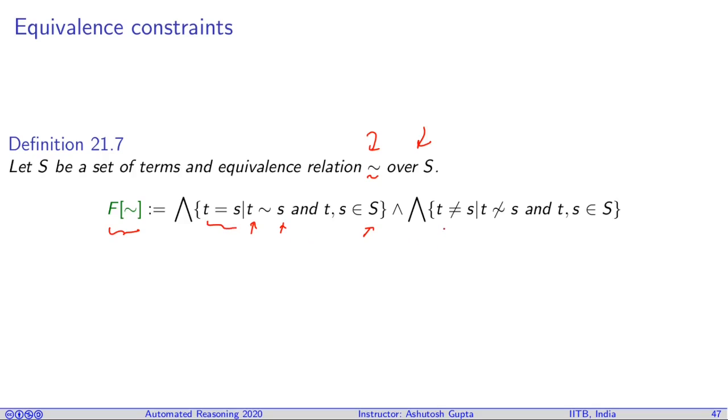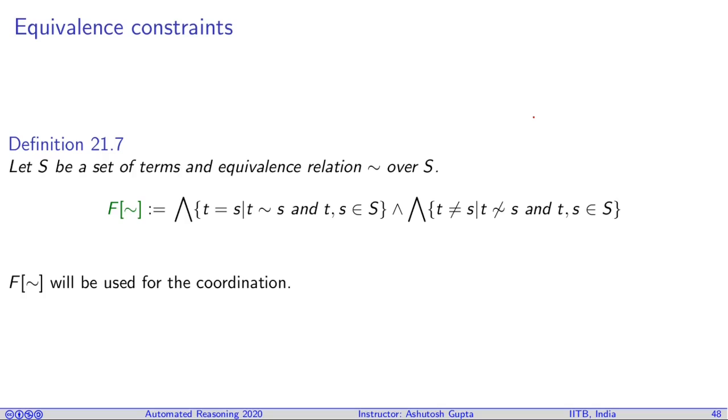If they are not equivalent, then t is not equal to s. Note that if two terms are not in the same equivalence class, it doesn't mean we don't know anything about them. We actually say that they are not equal. This is an important fact. You cannot just say that we don't know what their relation is. Either they are equal or they are not equal. We'll use these formulas for equivalence relations for our coordination.